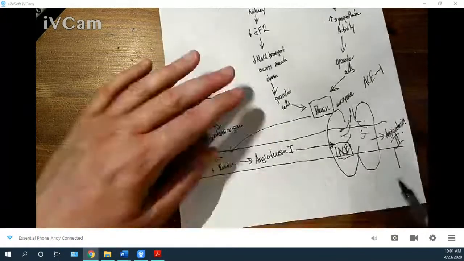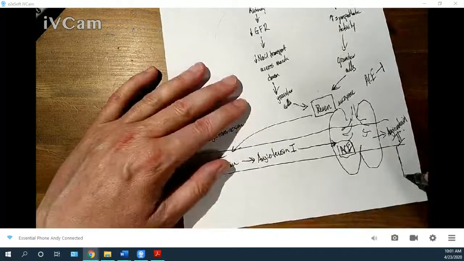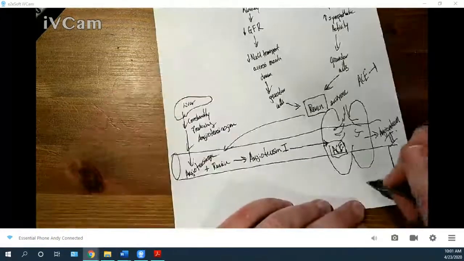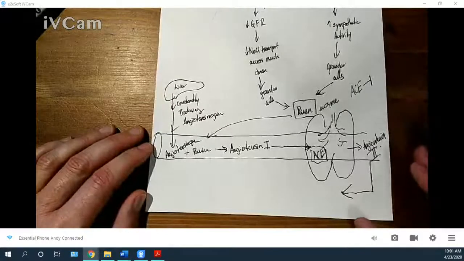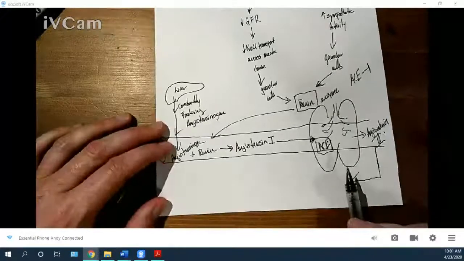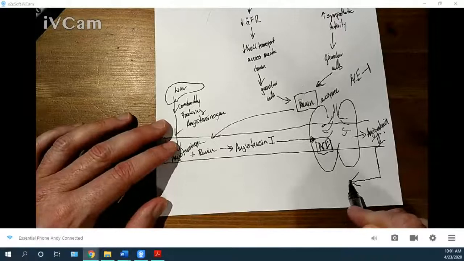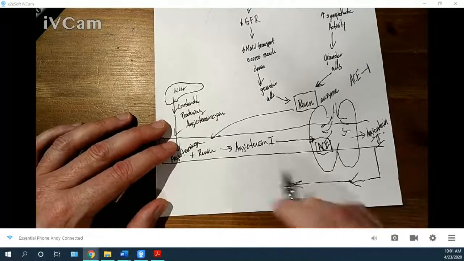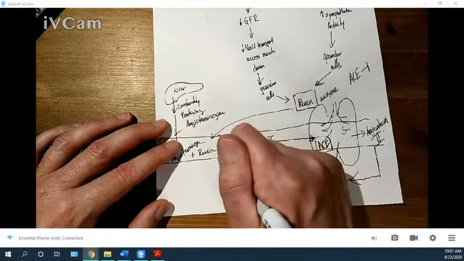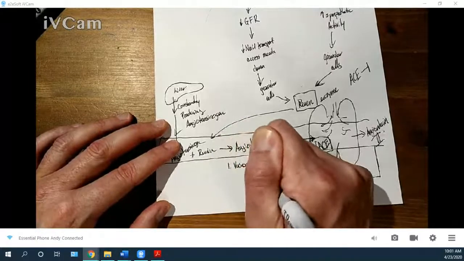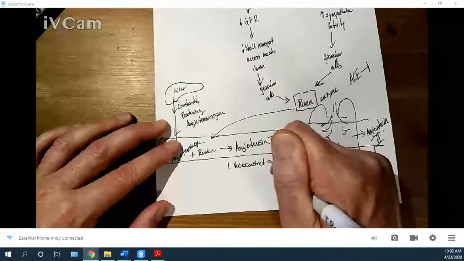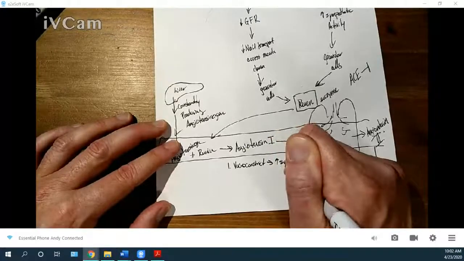Angiotensin 2, I'm going to draw a second little arrow here, and what it does. So now angiotensin 2 is in circulation, and it has a number of effects. We can vasoconstrict, which is a result of increased sympathetic activity.